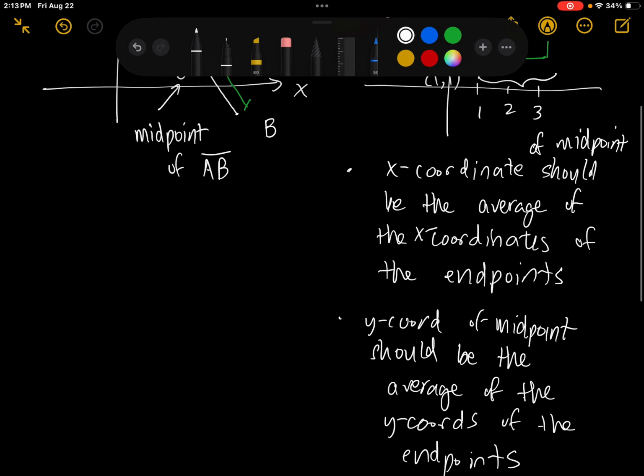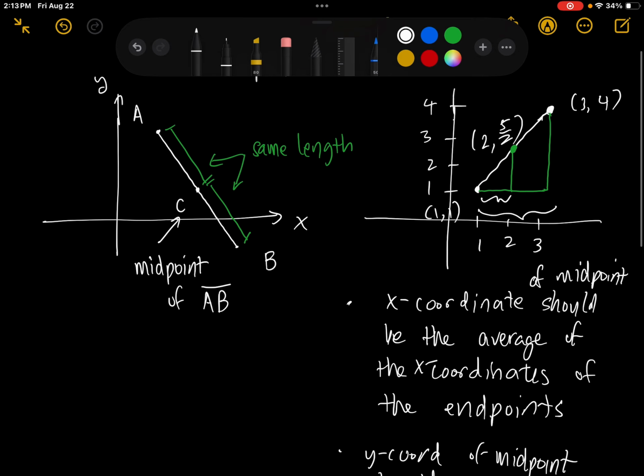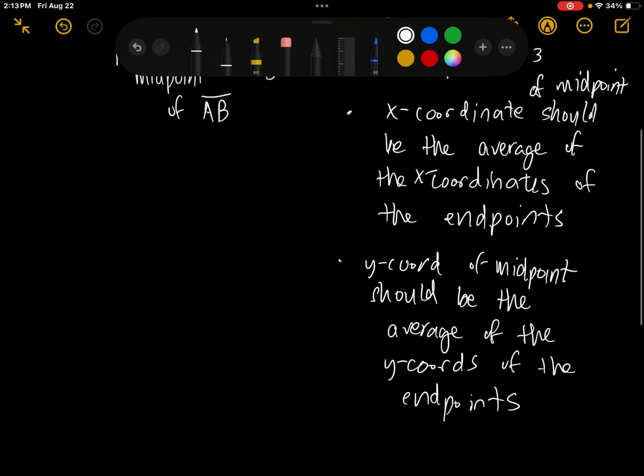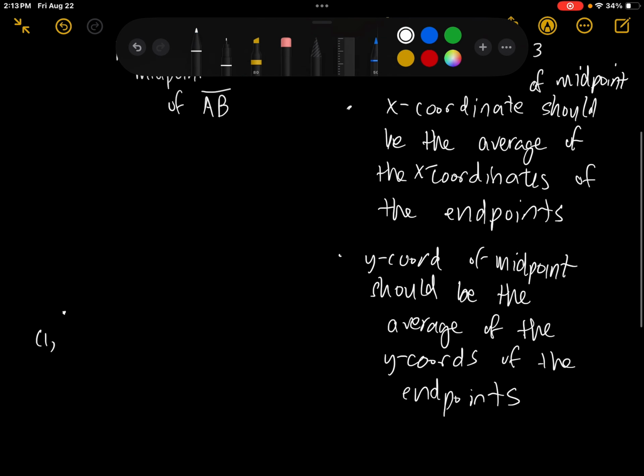Let's draw the triangle again. Let's draw the two small triangles that you make, like this. So we had 1, 1, and then the triangle that goes up to 2, 5 over 2, and then a triangle that goes from 2, 5 over 2 to 3, 4.